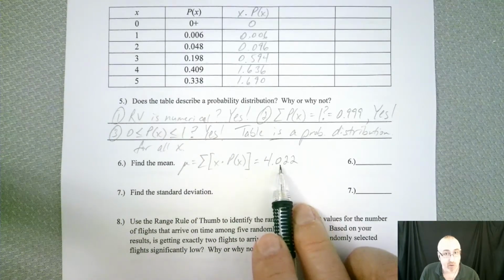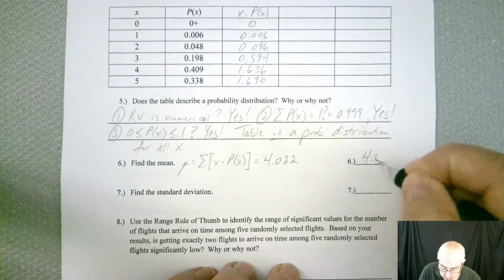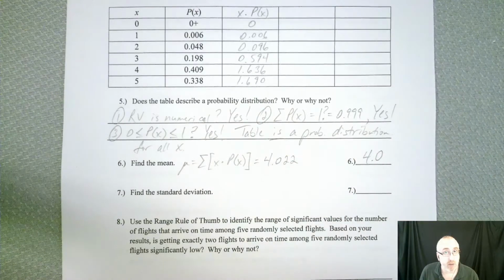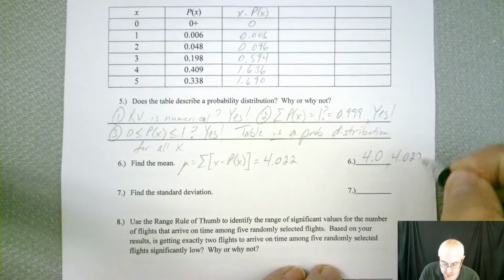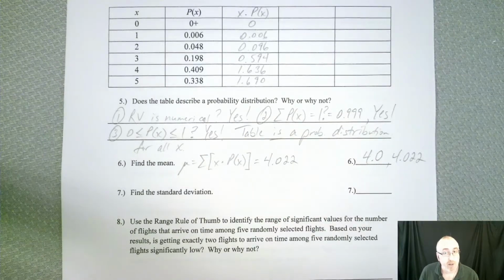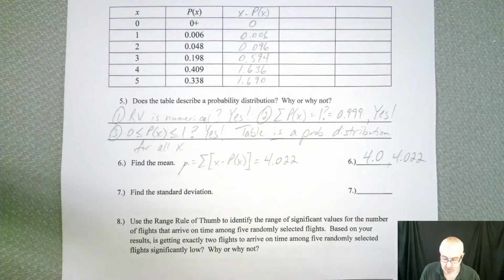But it looks like it's going to round and stay at 0. So if you wanted to say 4.0, that would be acceptable. If you wanted to say 4.022, I would accept that as well. But you shouldn't just round it to the nearest whole number, because that's not the correct round-off rule. So 4.0 would be acceptable in this case.